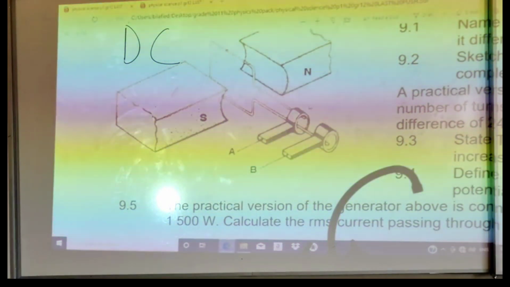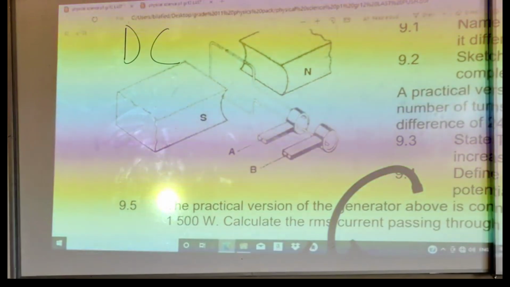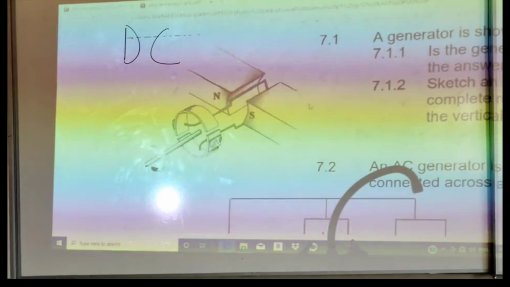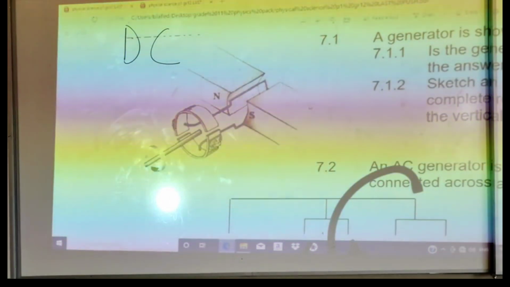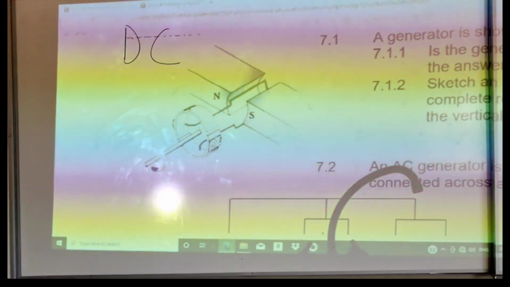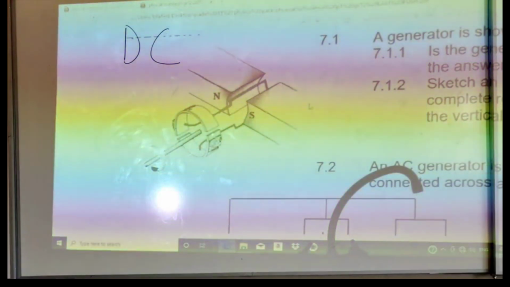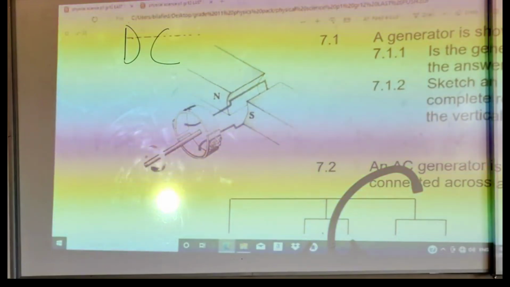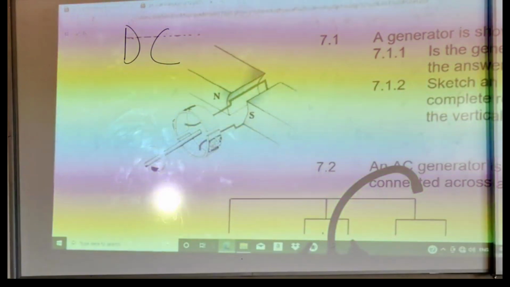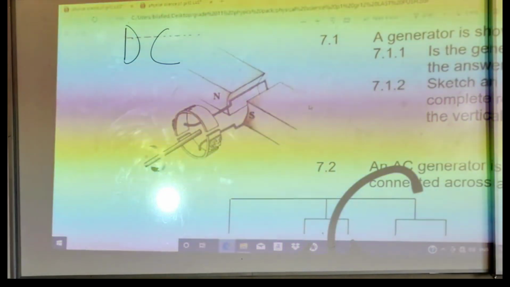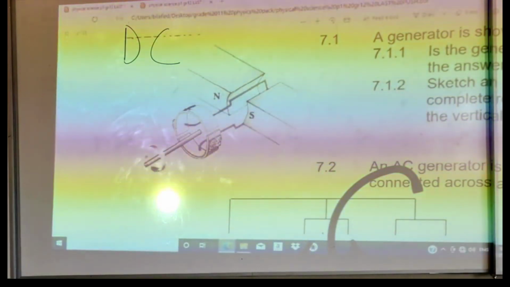But the split ring, which works in the DC, in direct current, producing direct current, has got a split. You can see here, it is split. So that's how we differentiate between a DC, direct current, and AC, alternating current.